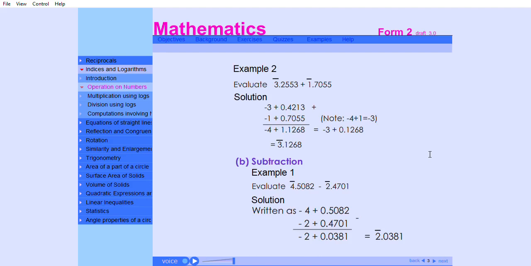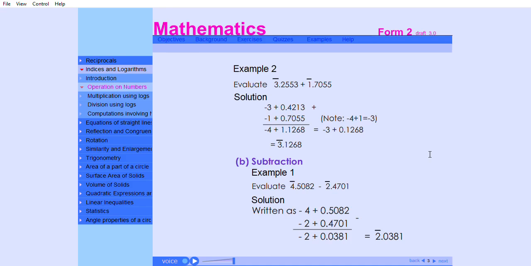Example 2. Evaluate bar 3.4213 plus bar 1.7055. Solution. Rewrite and arrange as -3 plus 0.4213 plus -1 plus 0.7055.